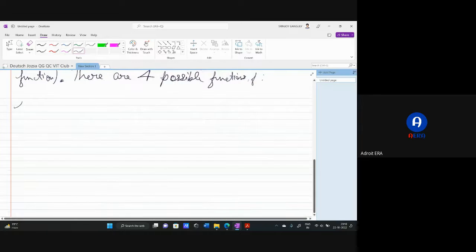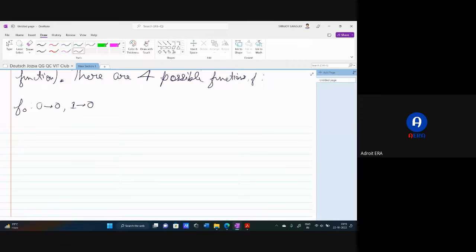So we have f0, which is 0 to 0 and 1 to 0. So this is one type of function where we have 0 as input, 0 as output, 1 as input, and 1 as output.